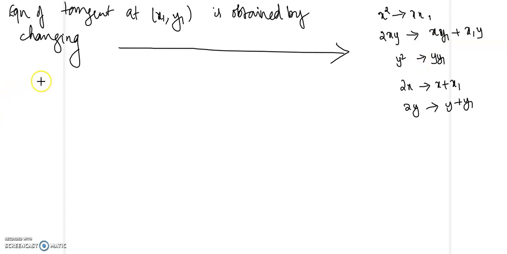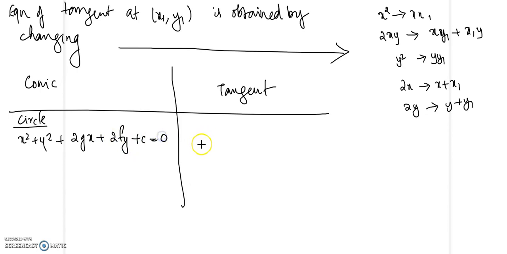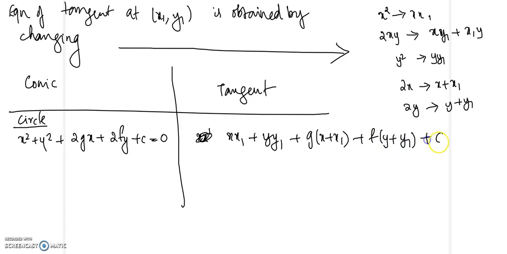So if you have these types of conic, the corresponding equations of the tangents will be as follows. If you have a circle in the standard equation x square plus y square plus 2gx plus 2fy plus c equal to 0, the equation of the tangent will be xx1 plus yy1 plus g x plus x1 plus f y plus y1 plus c equal to 0.